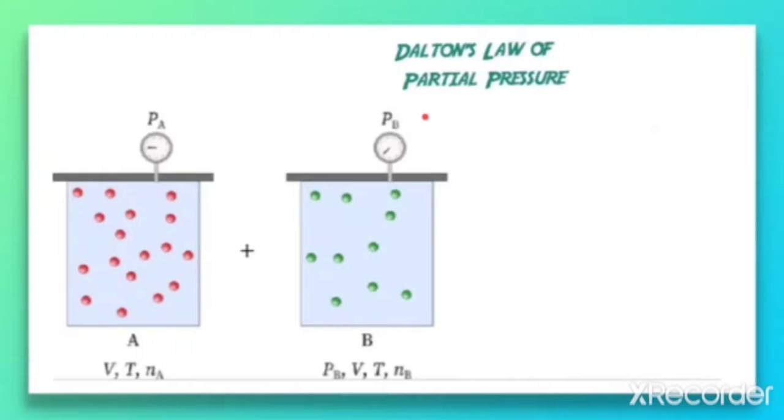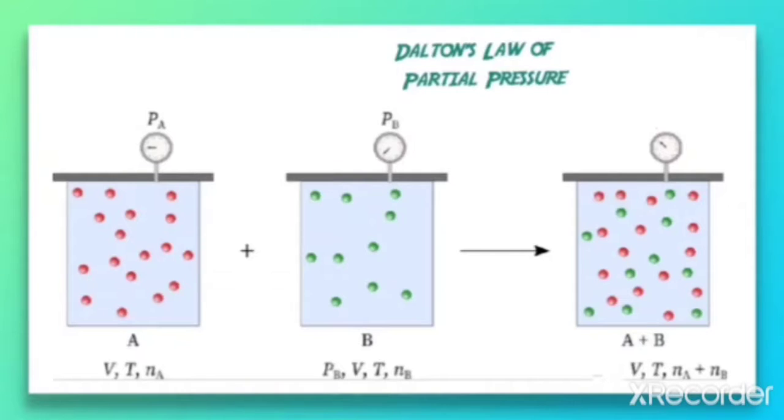If we make a mixture, that means if both are taken together in a container of the same volume V at the same temperature T, what will be the total number of moles here? Na is the number of moles of A, Nb is the number of moles of B, so the total number of moles is Na plus Nb.